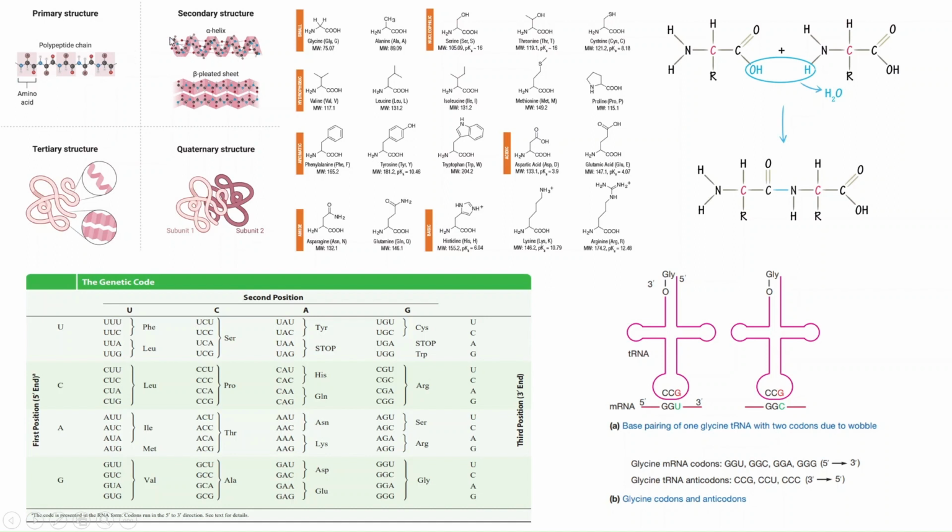You can see the difference here. Here it is in a helical form. The intramolecular forces will be making it in the form of a helix. So this is the alpha helical form, and another secondary structure is the beta pleated sheet. You can see that they are arranged in the form of sheets here. So from this primary structure, due to intra bonds, you can get this secondary structure.